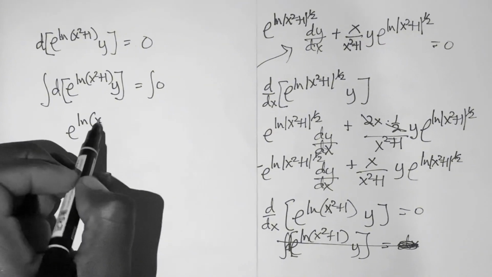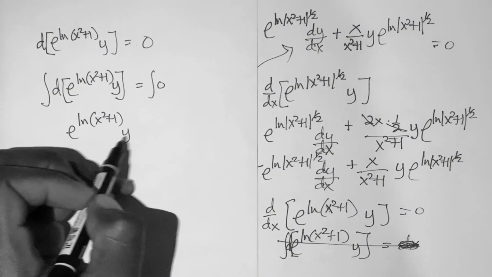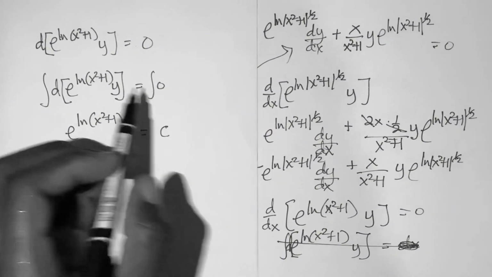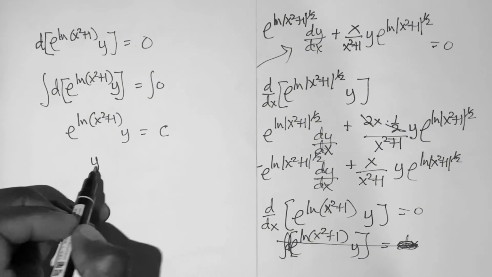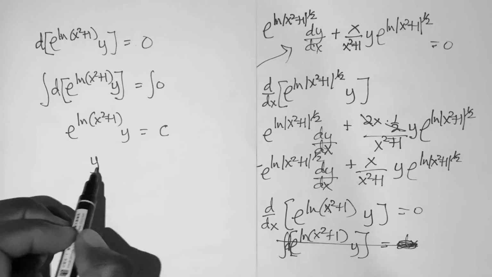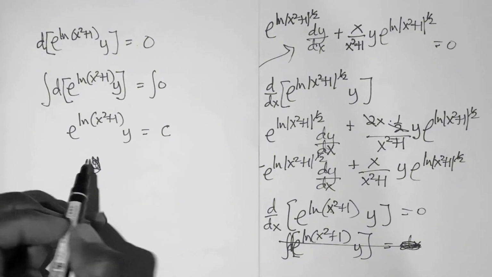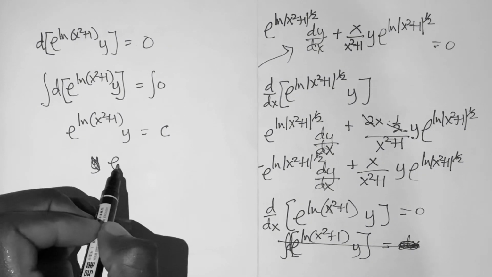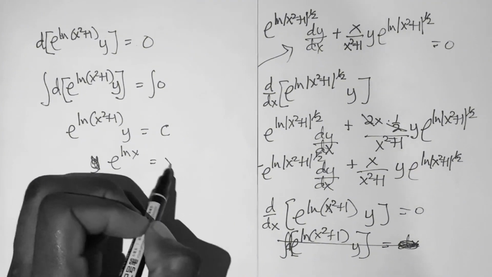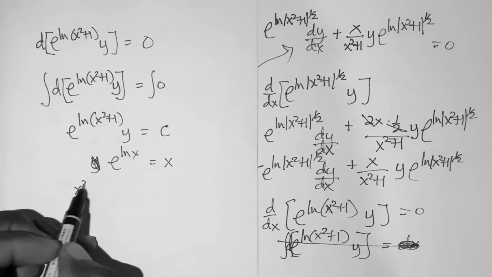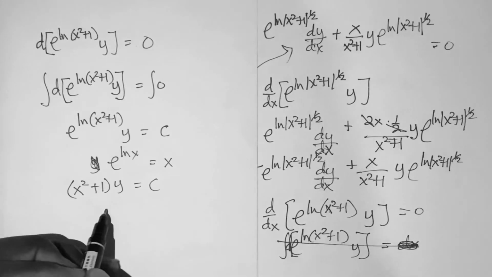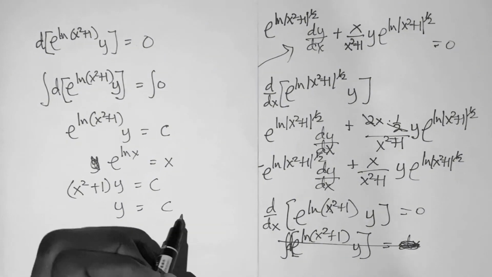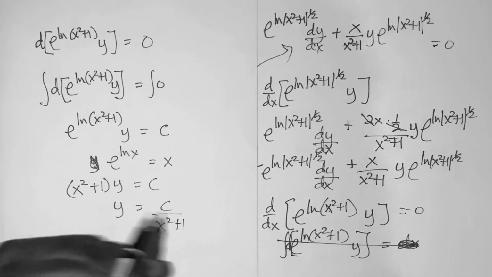Natural log of x squared plus 1 y equals a constant, because if you integrate 0, you get a constant. But we know that exponent natural log of x is equal to x. So this becomes x squared plus 1 y is equal to c. So y is equal to c over x squared plus 1.